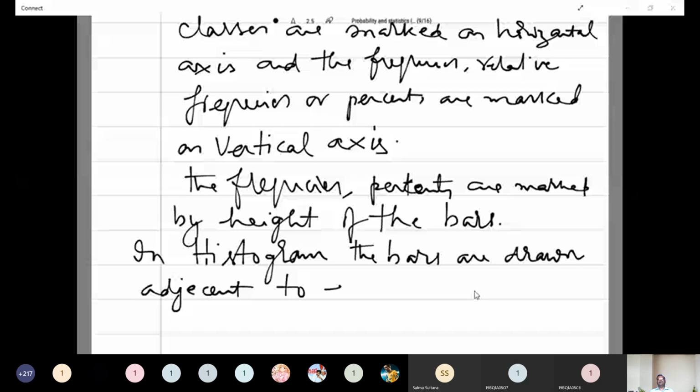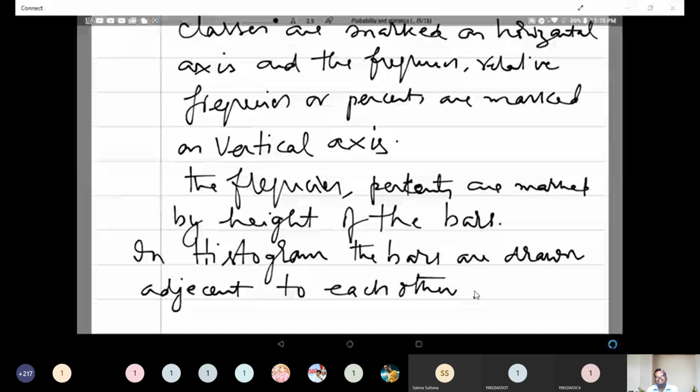This is very, very important. That means in a histogram, on the x-axis you take the marks or class intervals, on the y-axis frequencies, relative frequencies or percentages, and draw bars whose heights represent them. In a histogram, bars are drawn adjacent to each other.